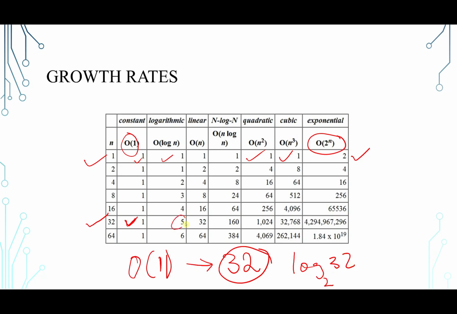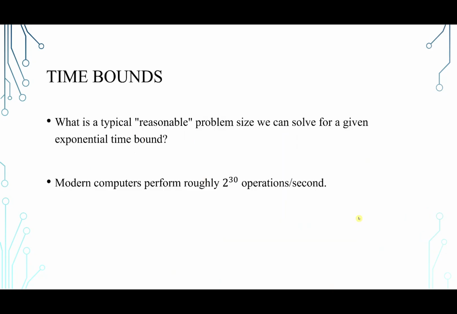That is 5 seconds. What if that is big O of 2 to the power n? This is 2 to the power 32. Then it takes more than 4 billion seconds. Okay, this is in terms of numbers.